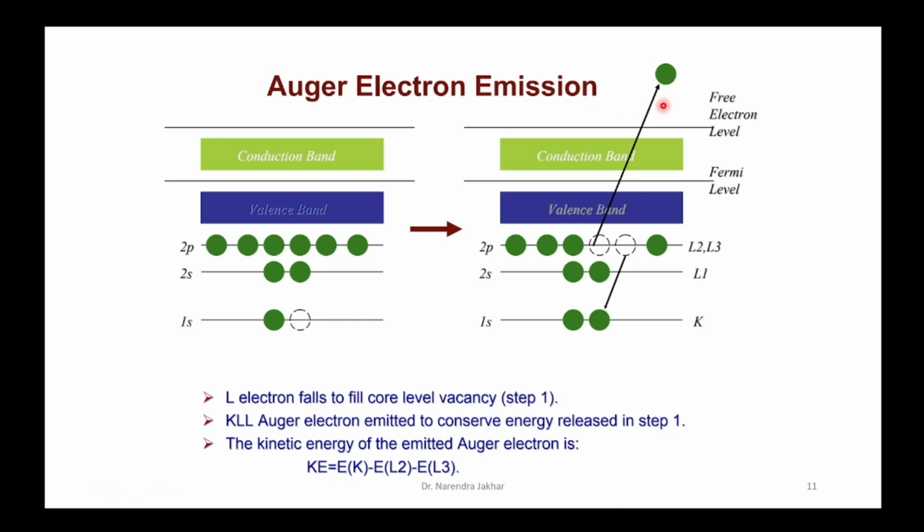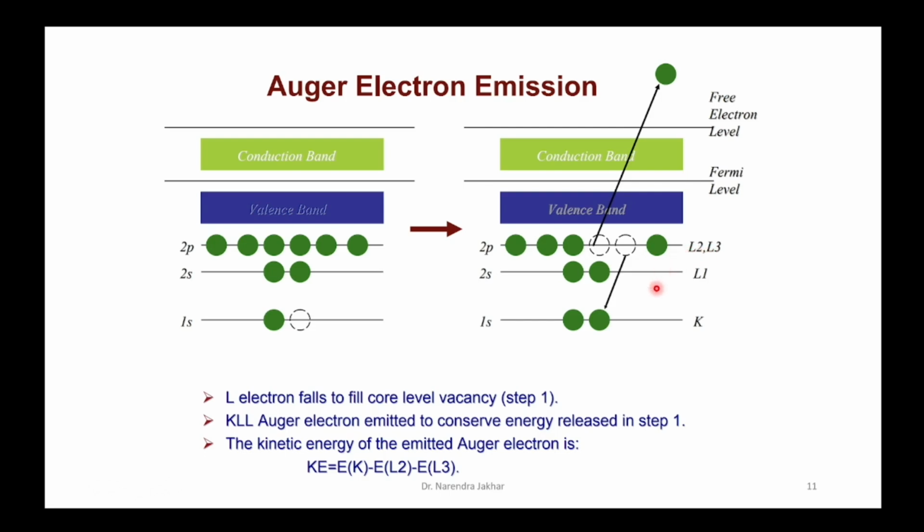This Auger electron emission, since it is an electron, again will give rise to a different peak, and these peaks are known as Auger peaks. Since this vacancy is filled by a 2p electron, and the 2p electron level is L2, L3, and suppose that LL.